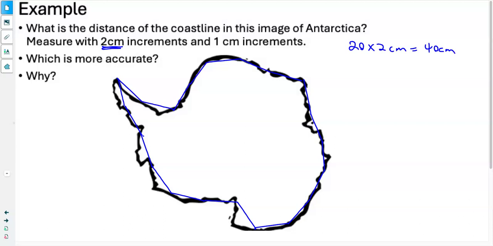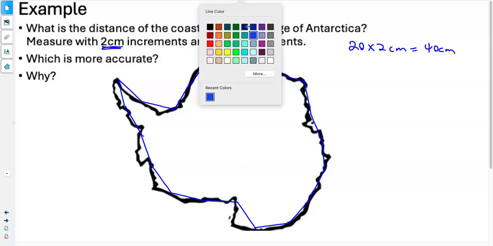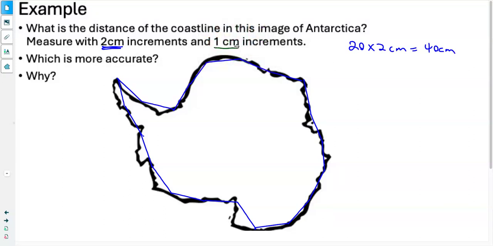Now, we'll do the same thing, but we're going to shorten it up to increments of 1 centimeter. So I'm going to start in the same spot as before, but we're only going to do 1 centimeter increments.